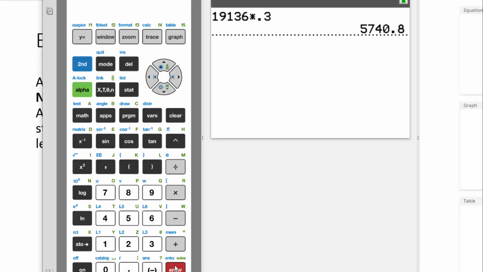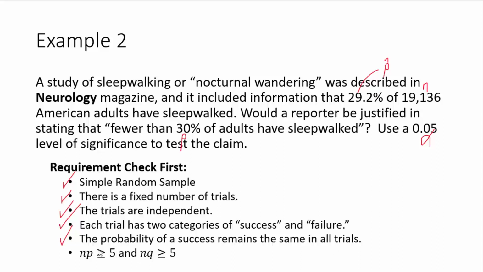That's certainly greater than 5. And if this is P, then Q is 0.7. If I multiply this by something larger, it's certainly going to be larger. The real issue there is if you have a very small number involved in your sample size. Okay, so we've got a requirement check.